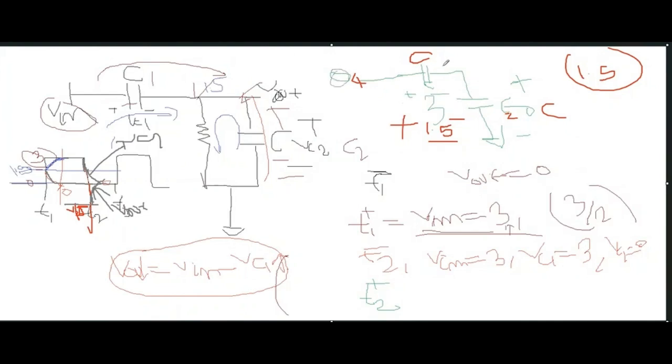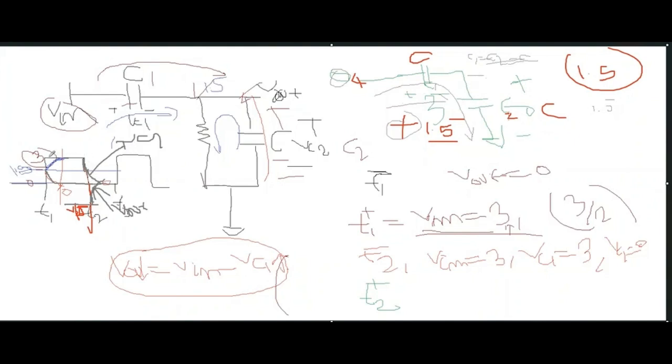So initially this is C1, this is C2 suppose, and I'm taking C1 equal to C2 equal to C. So this is 3 volt only and this is 0. That's why an infinitely large current flows like that. And this voltage is divided between them, that is 1.5 volt again. So the polarity is like that, 1.5 in this direction, so this becomes minus 1.5.